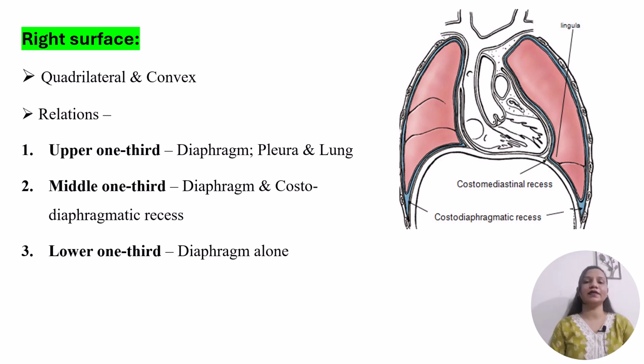Next one is the right surface of the liver. So you can appreciate in this picture, there is the presence of lung, pleura, costodiaphragmatic recess, and diaphragm. This portion is the diaphragm, and the liver is present here.